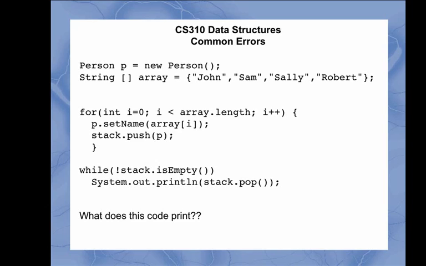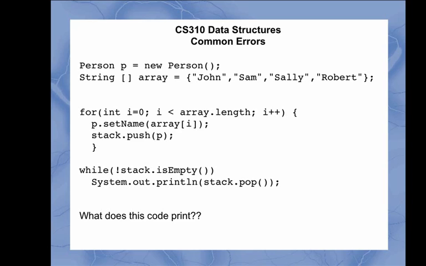Now we have an array of strings, and we have a for loop where we go through and push each of these onto the stack. So we push John, Sam, Sally, Robert. We have p.setName array I, and we push that onto the stack. So while the stack is not empty, we print as we pop off the stack.